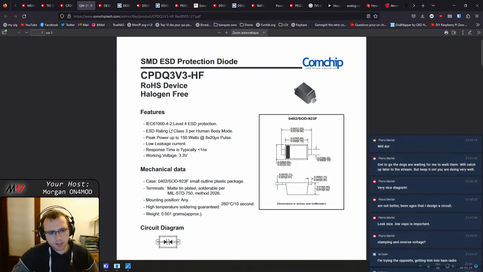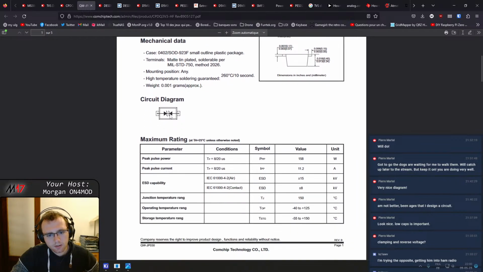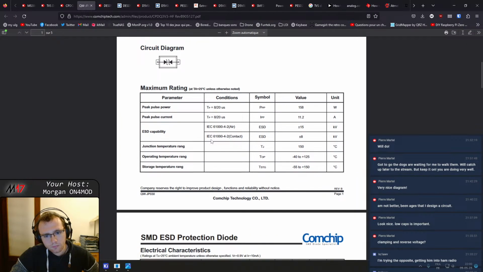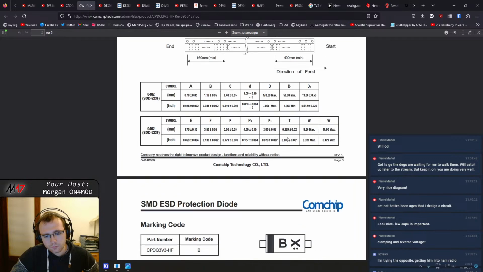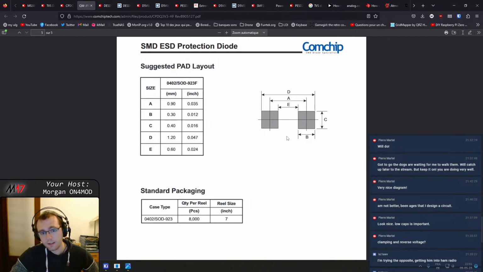Wow. Impressive. Working voltage 3.3 volts. This is an 0402. I think this one seems nice.